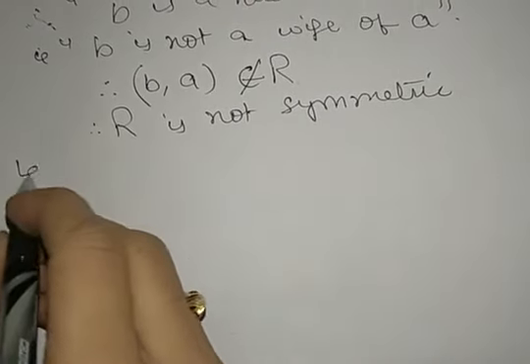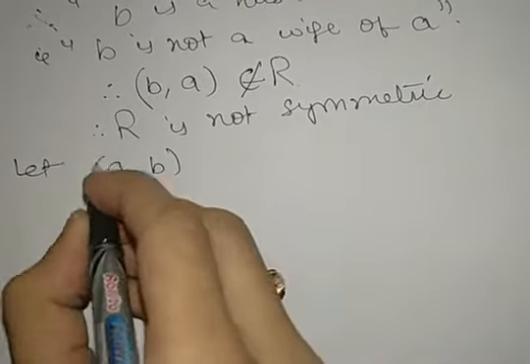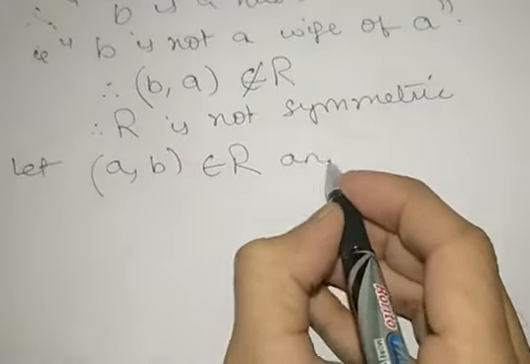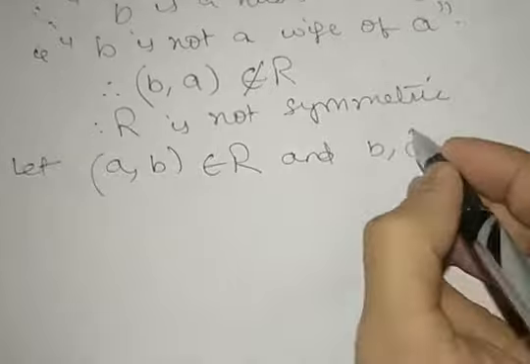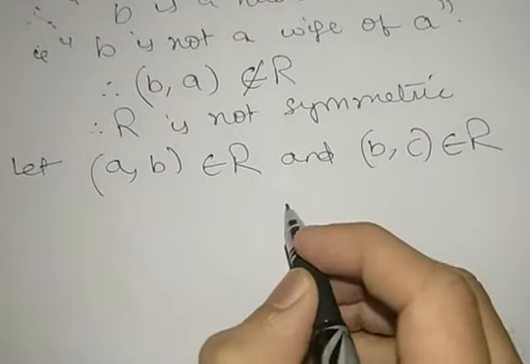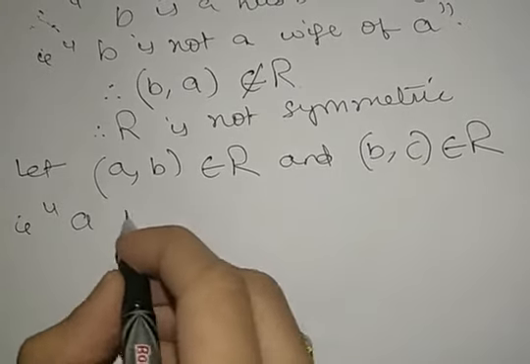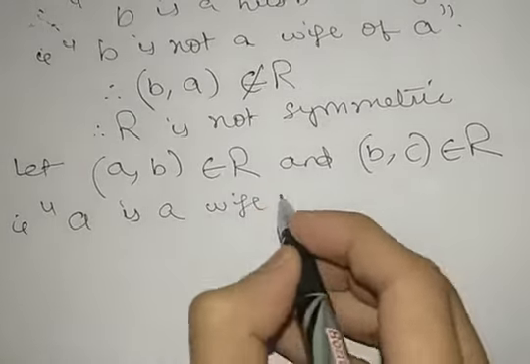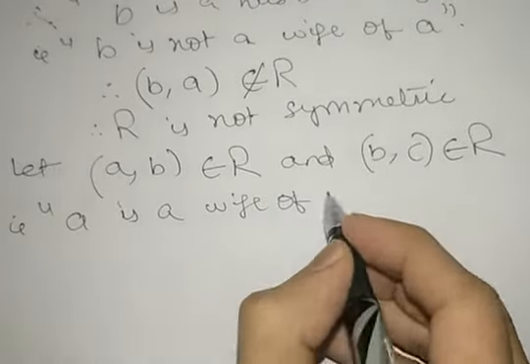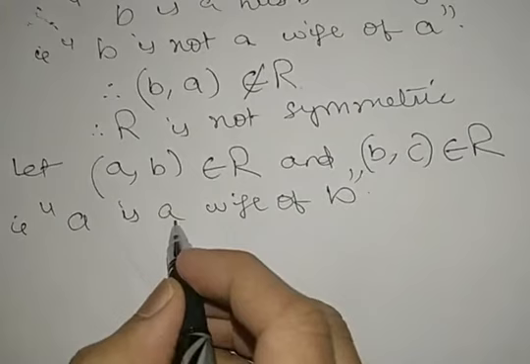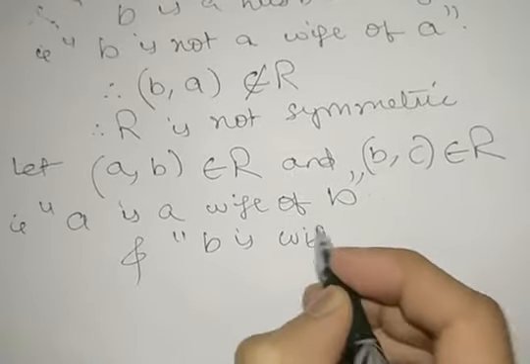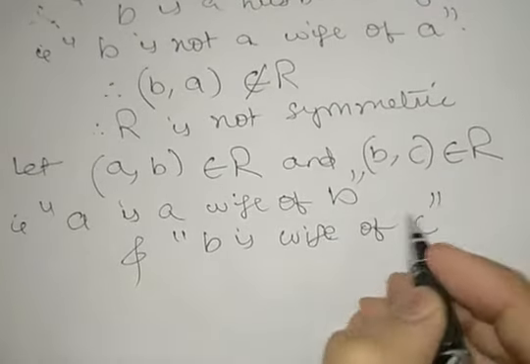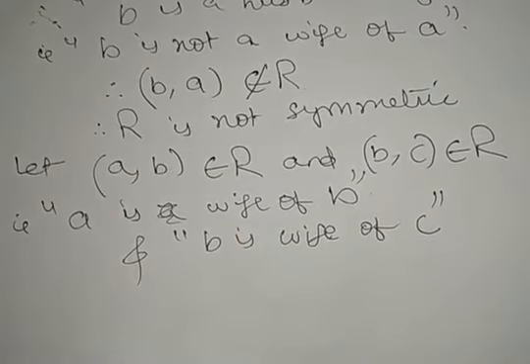Now let us take, let (A, B) belong to R and (B, C) belong to R. That means A is a wife of B and B is wife of C. A is wife of B and B is wife of C, right.